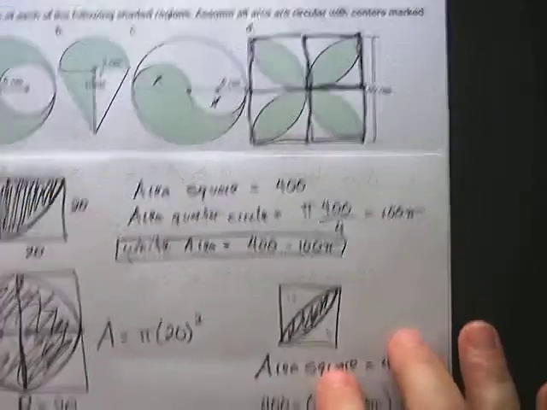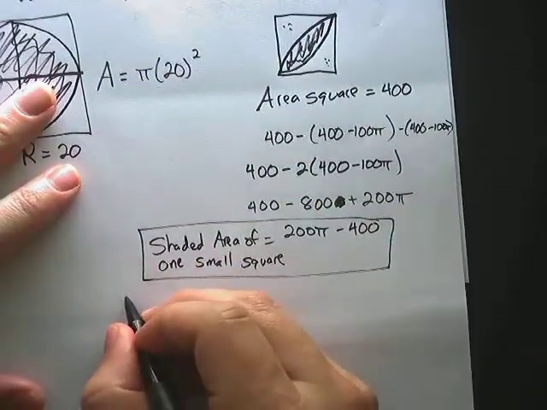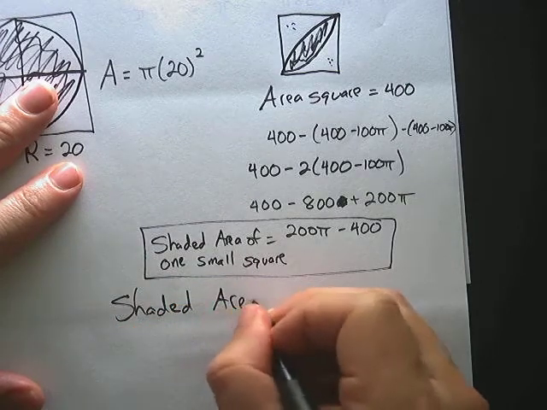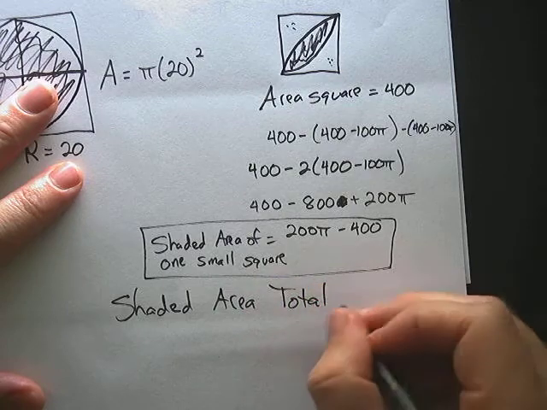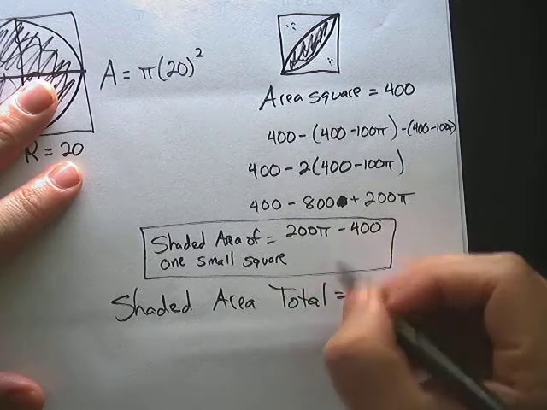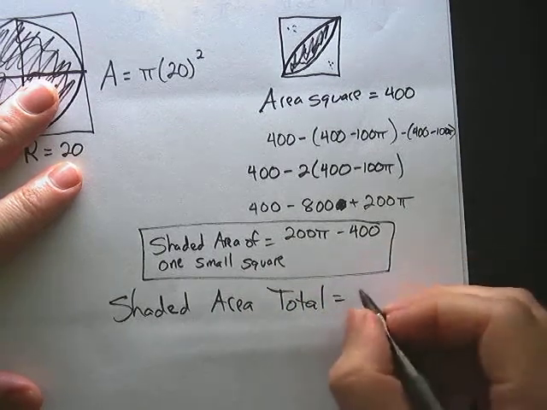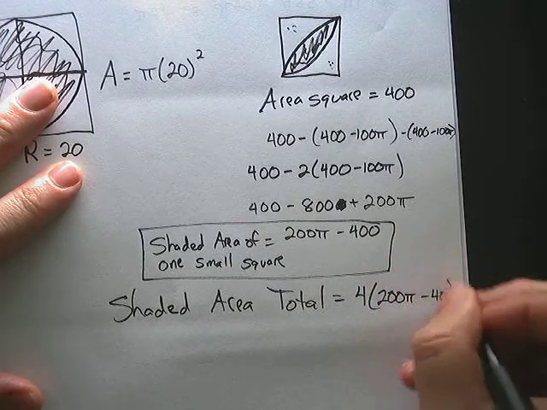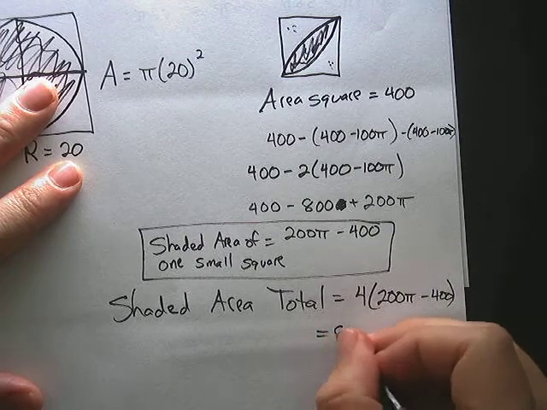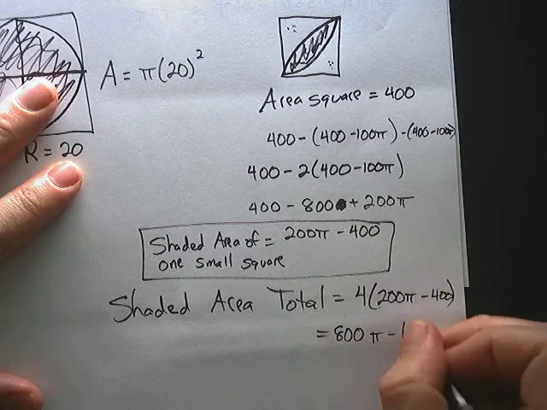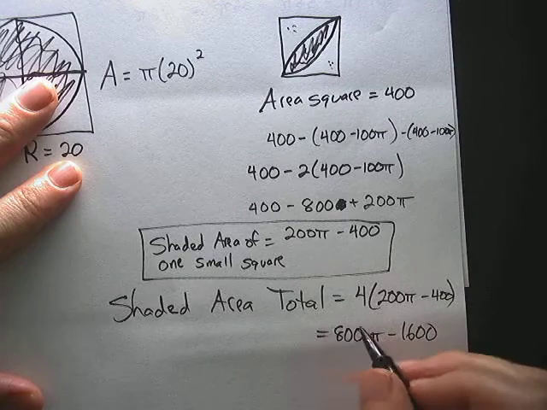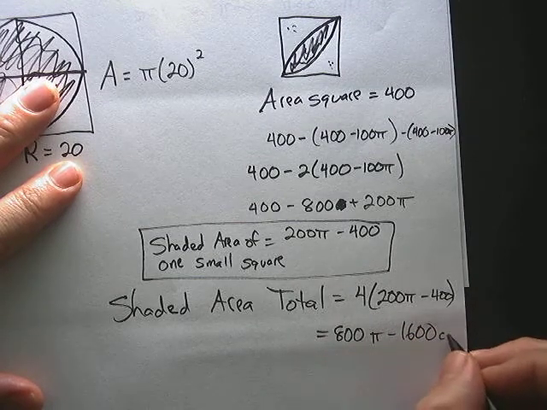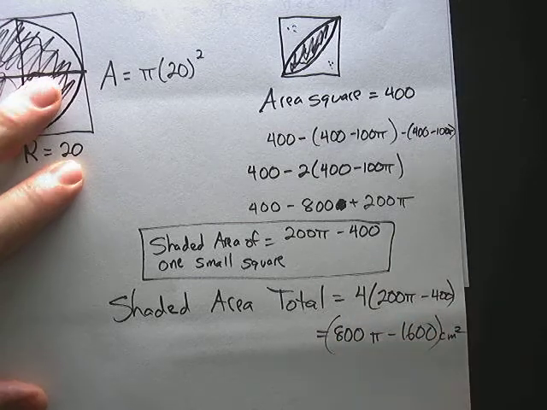So to figure out the entire shaded area, this will be our final answer, shaded area total. We multiply this answer by 4, since we have 4 of those little squares. So 4 times 200 pi minus 400 equals 800 pi minus 1600. And that is in centimeters squared. And that's it.